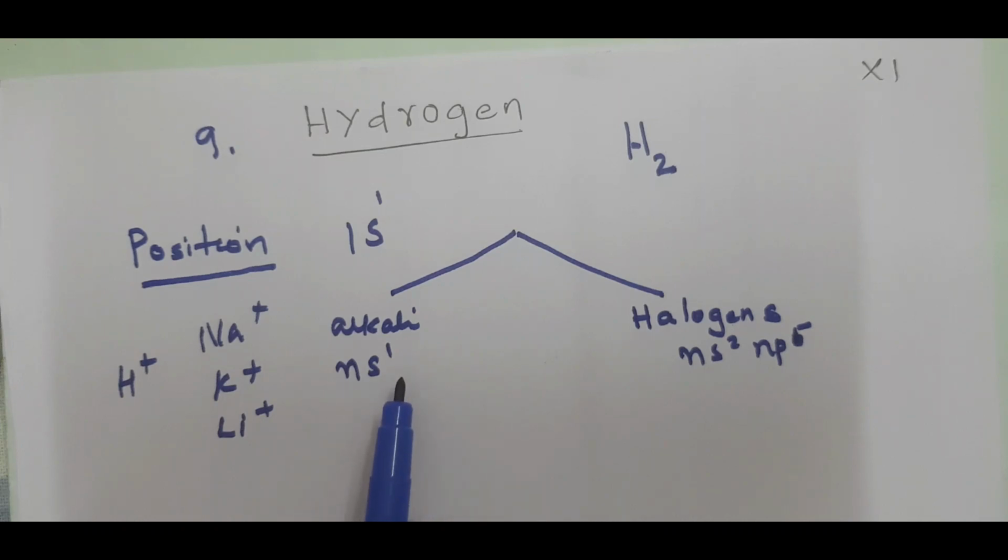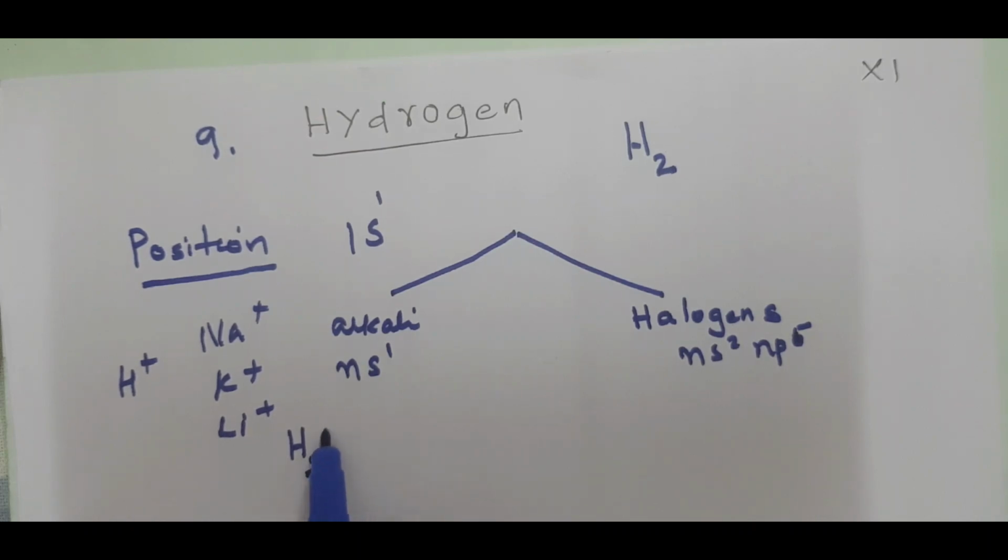And the second resemblance with the alkali metals is that it forms oxides, isn't it? Hydrogen forms oxides with oxygen, then halides and sulfides.